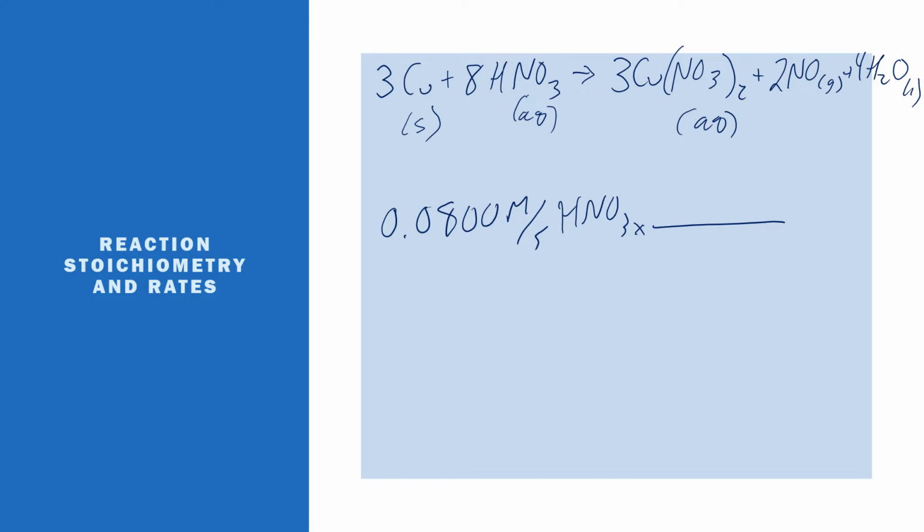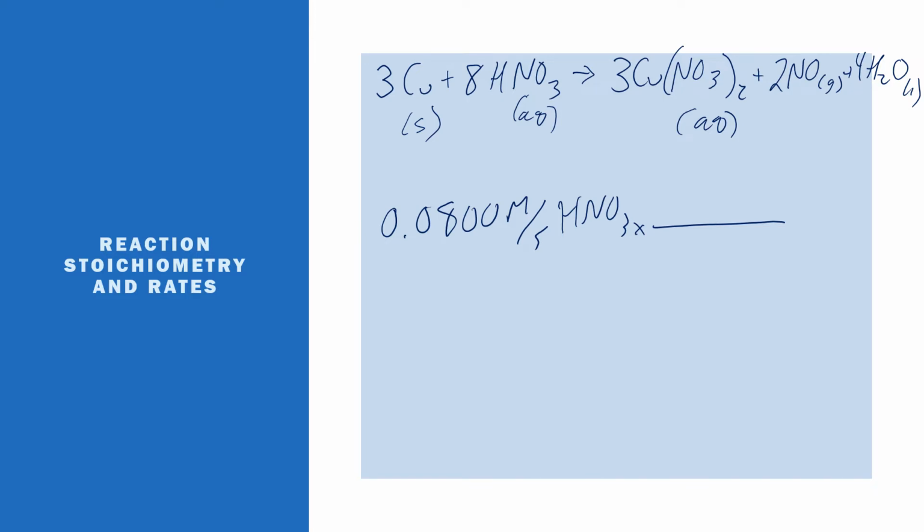Occasionally we'll use a negative value to denote disappearance, but then they usually just say the rate of change of HNO3 was negative 0.08. But if they say the rate of disappearance, that already gives you that negative value, so you don't really need it.